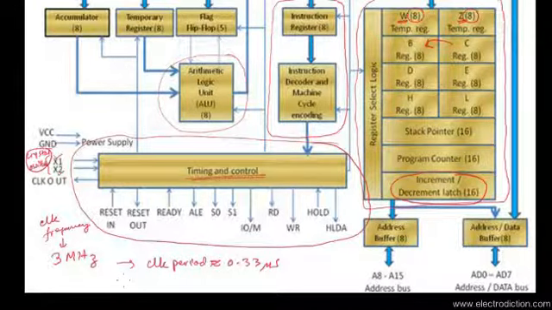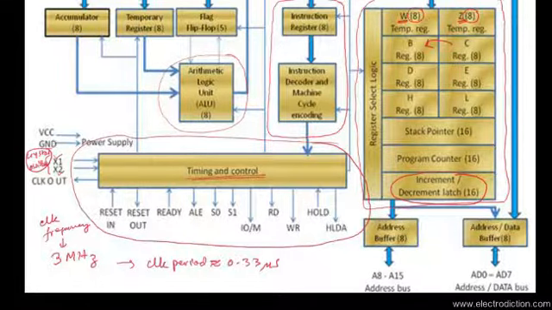Now this clock period is what is used to synchronize every operation inside the 8085. Whenever the 8085 receives the clocking signal, whenever the clock is high, only then do the tasks get executed, and otherwise they don't.